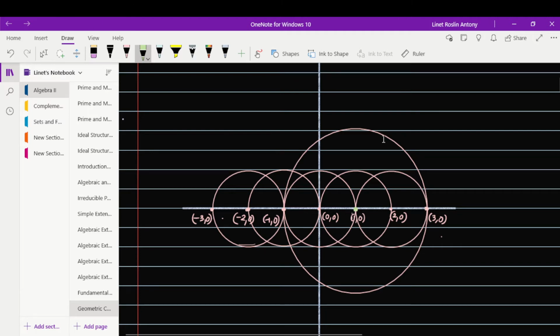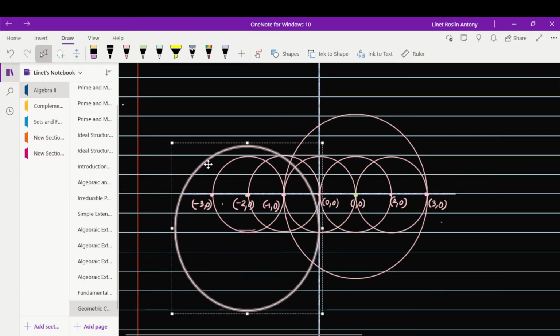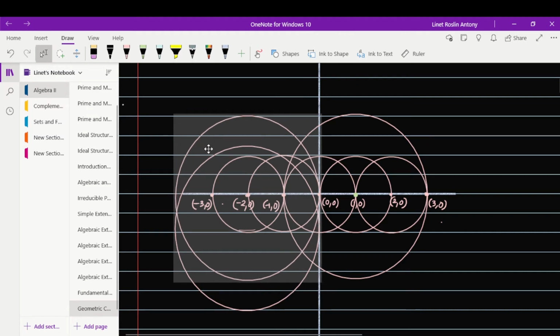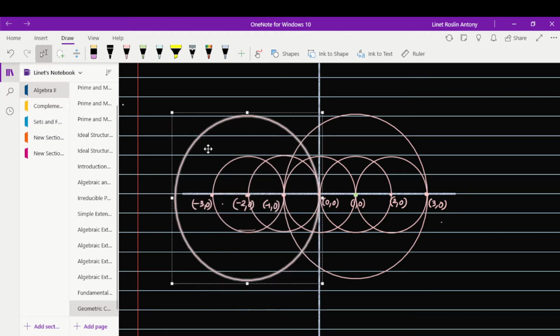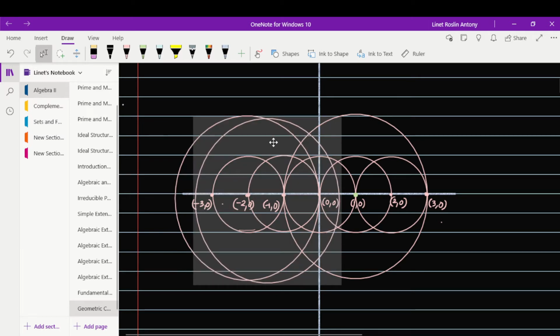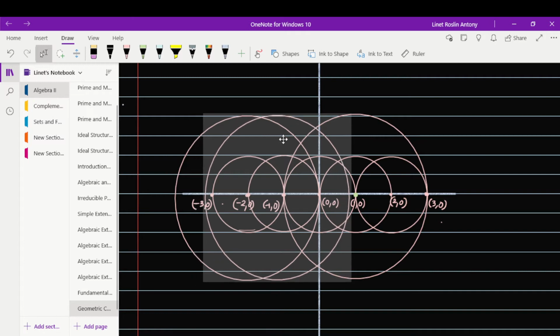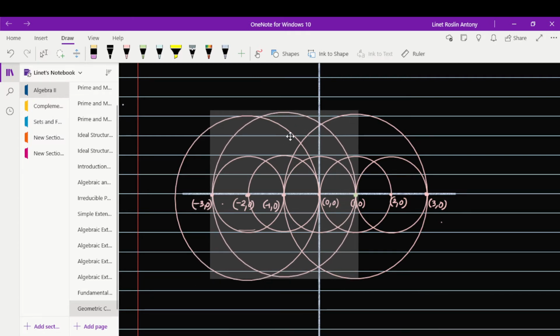We can draw the same kind of circle with center at minus 1, 0 and radius 2. So let's see where we can place it.